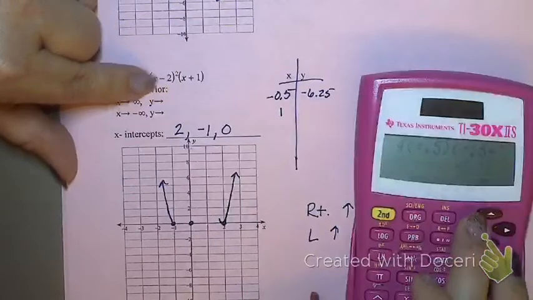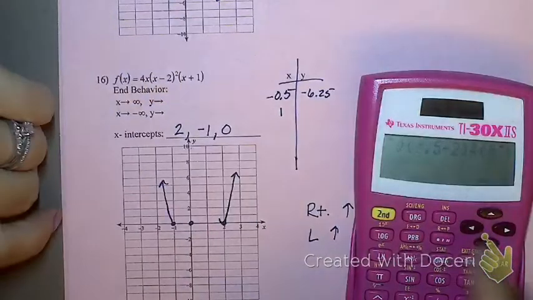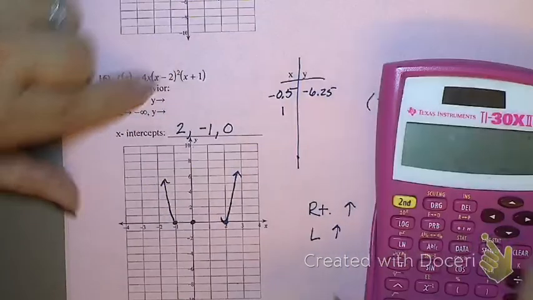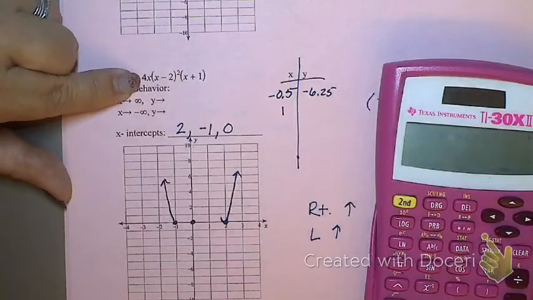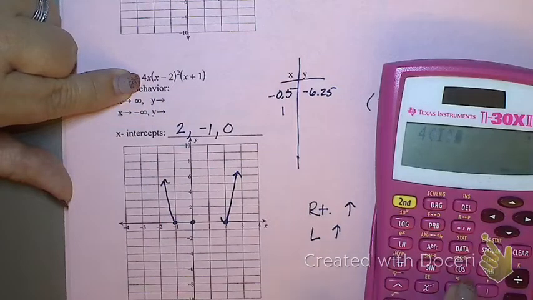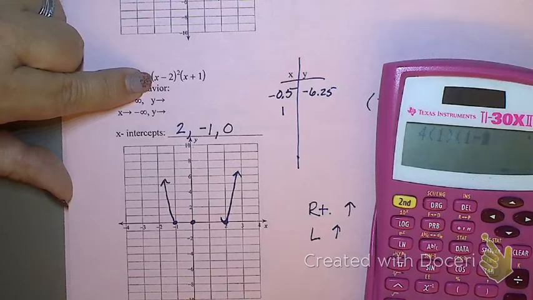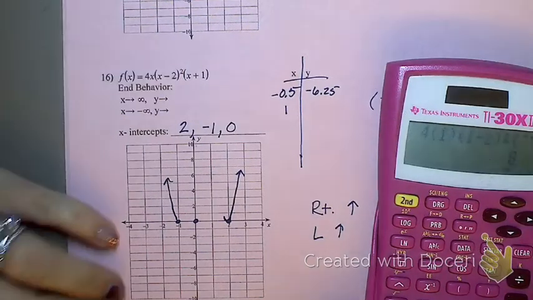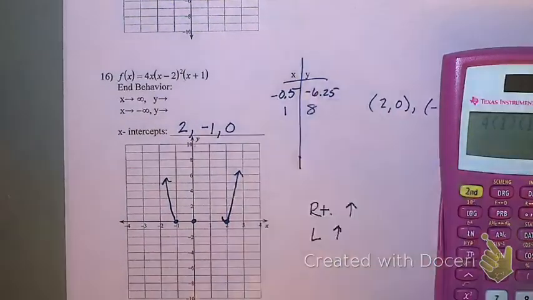Now I'm going to go change all those -0.5s. Actually, I think it'll be faster to just type it in again. 4 times 1. 1 minus 2 squared. And 1 plus 1. I get 8. So there's my two values.